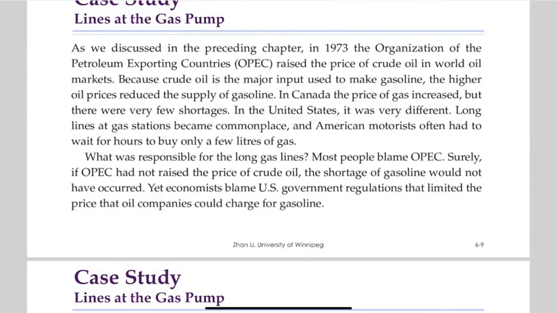In Canada, the price of gas increased, but there were very few shortages. But in the US, it was very different. There were long lines at the gas stations because drivers just could not buy their gas. So there were widespread shortages in the US back in the 1970s.